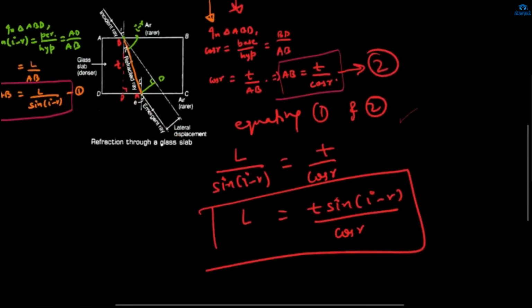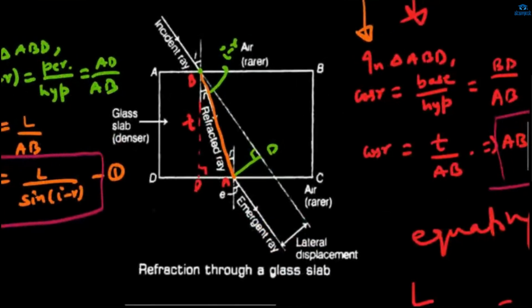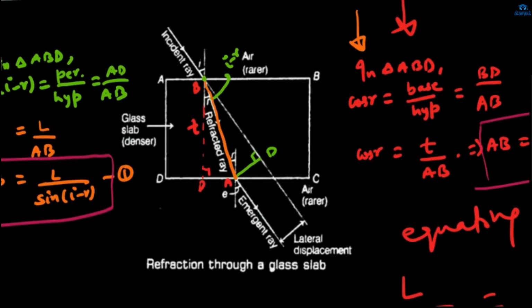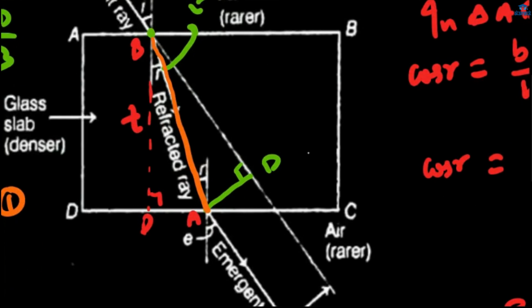So we will equate these two equations, 1 and 2. Have you got it, Safia? First calculate for sine I minus R, and the next step is for cos R. Both will be equal to AB, which is the common hypotenuse of both triangles, our common ray.